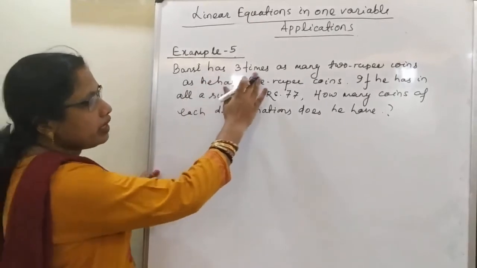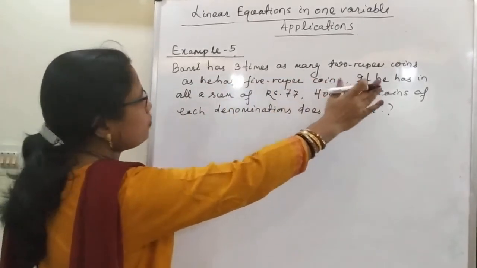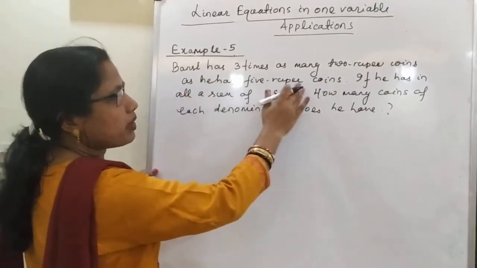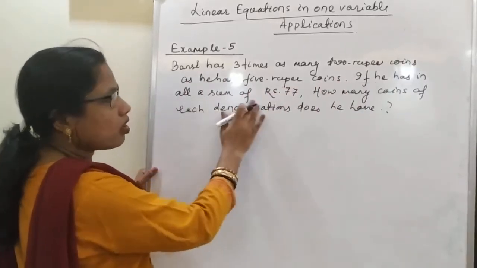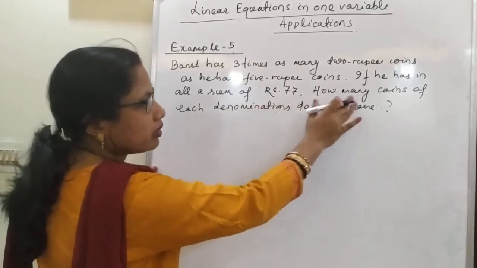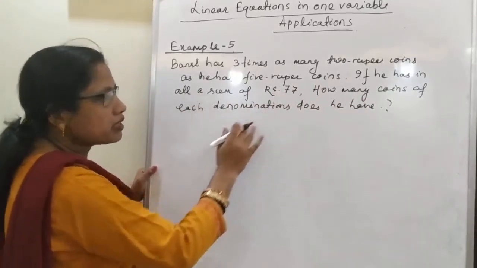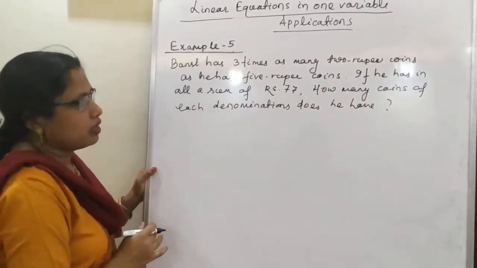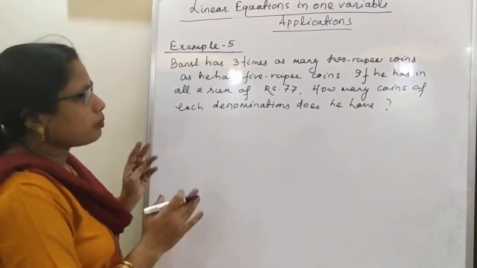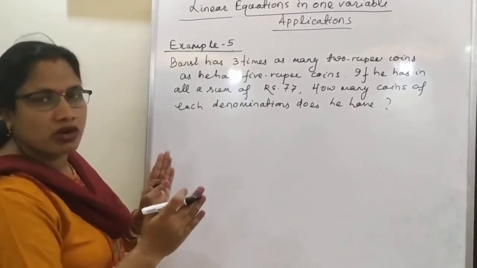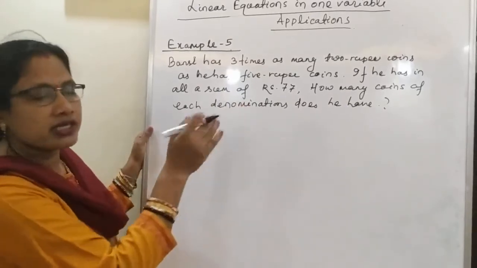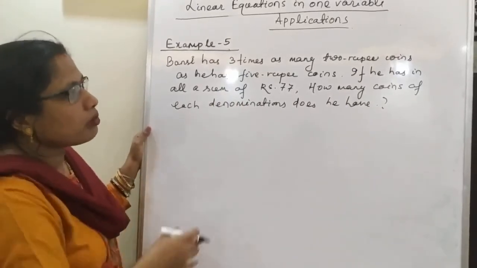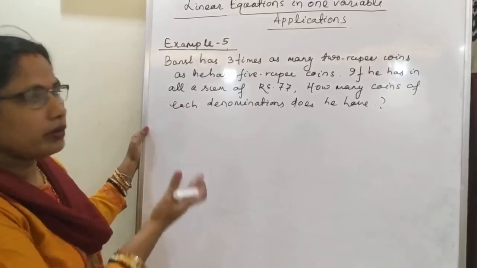So here the next question is like this. Bansi has 3 times as many 2 rupee coins as he has 5 rupee coins. If he has in all a sum of rupees 77, then how many coins of each denomination does he have? So here let the number of 5 rupee coins be x. Then what will be the number of 2 rupee coins? That will be 3x.